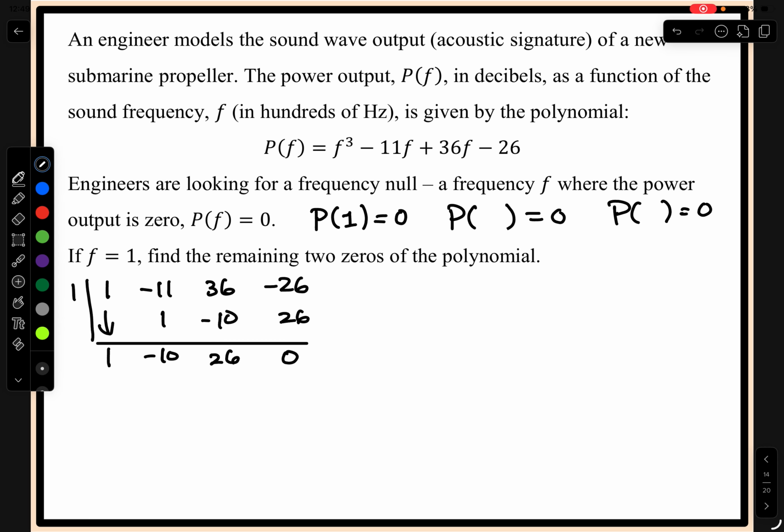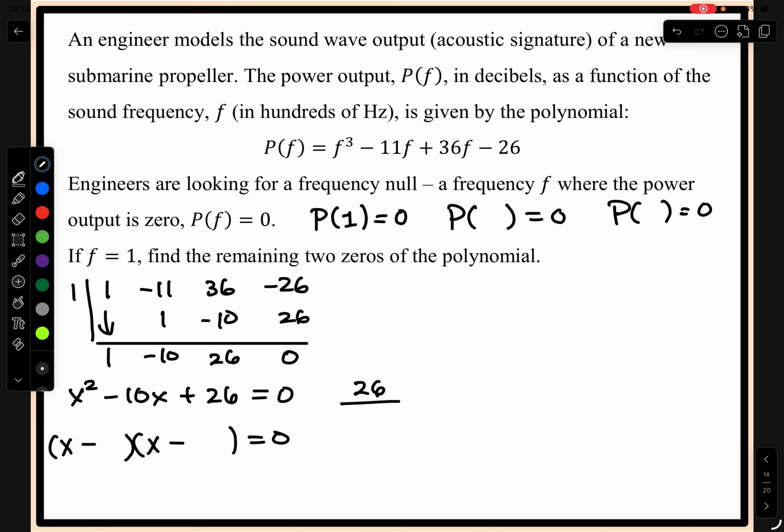Now, I don't think factorization is going to work here because we have x squared minus 10x plus 26, and we're going to try to set this equal to 0. I don't think any factors of 26 are going to give me 10, because we need this to be negative, and this to be negative as well. No combination of factors of 26 is going to give me 10.